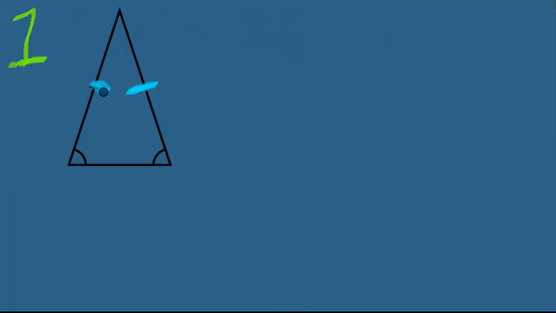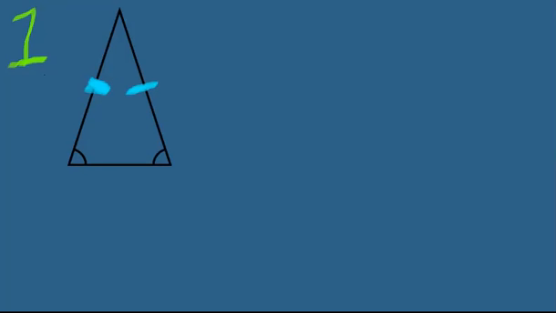Sometimes they don't. Or otherwise, you can look for if the triangle has nothing to identify with. So like I said before, there are some tricks to help you identify, and if it does not have a trick, then that means that this is an isosceles triangle.